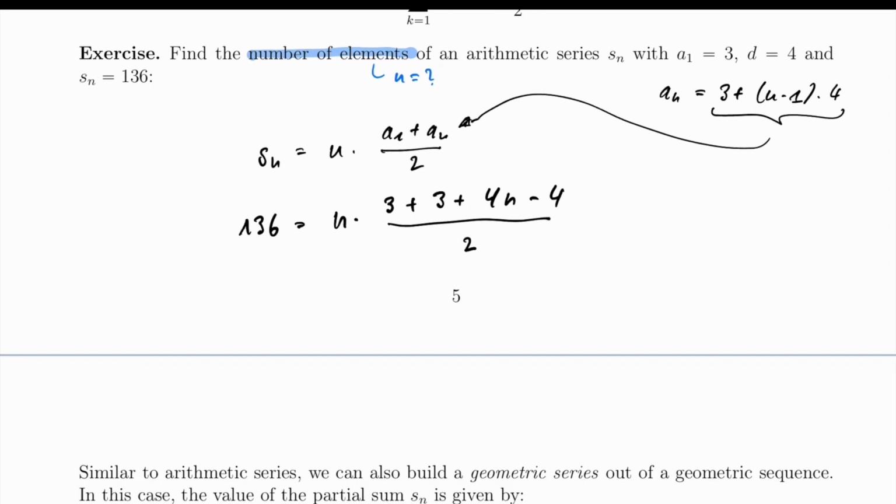And then what you might already anticipate here, 6 minus 4 is 2, so in total what you get here is n times (2 plus 4n) over 2, and that is still equal to 136.